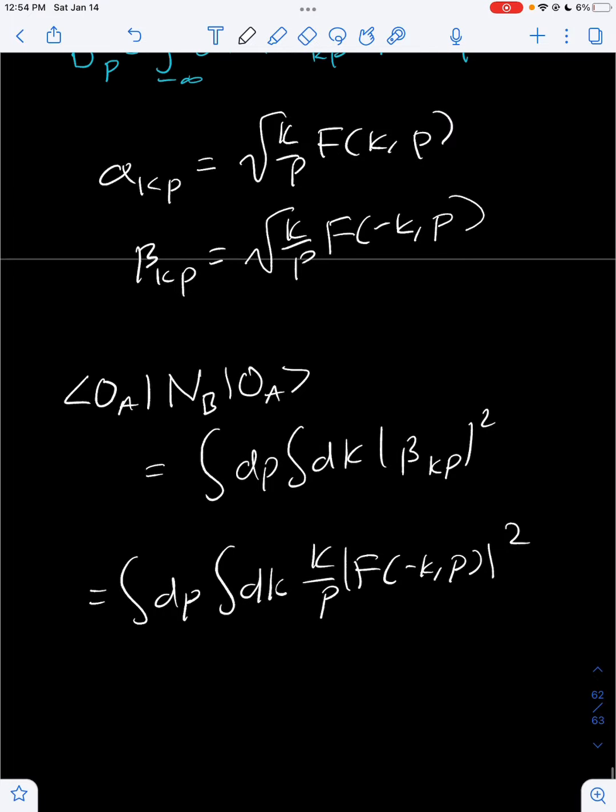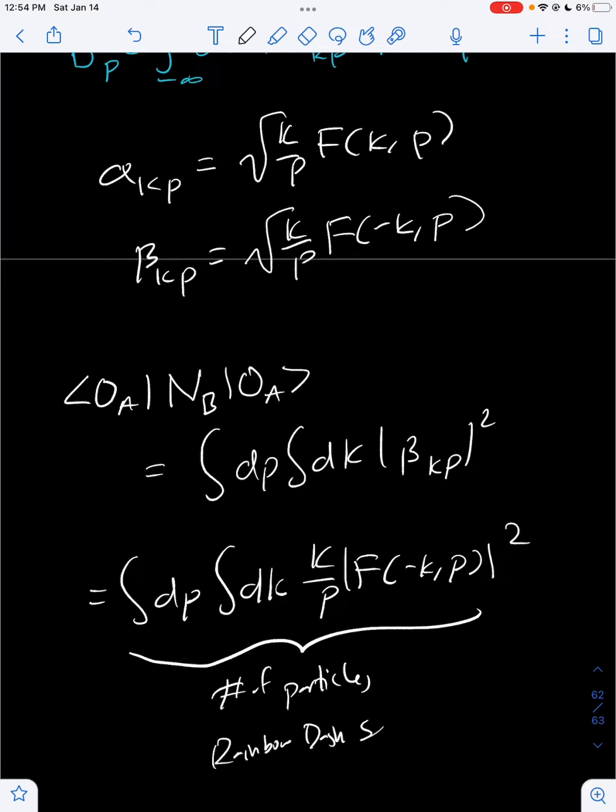So this is going to be the number of particles that Rainbow Dash sees.